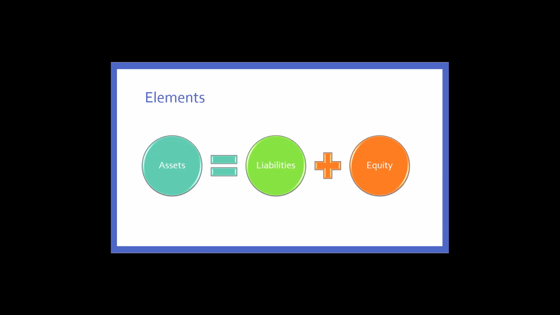Equity is going to include capital contributed by the owners, and it is going to include an accumulation of the net income and net losses incurred by the organization. So that's the basics of the accounting equation. Again, we'll look at that more closely in future videos.